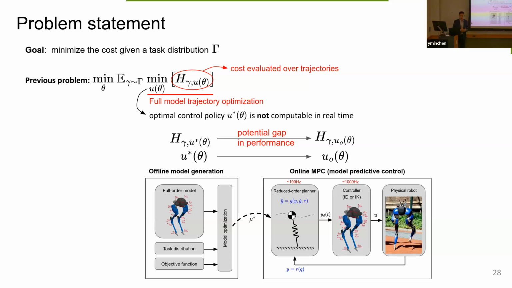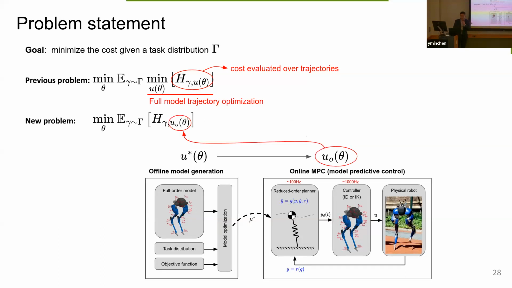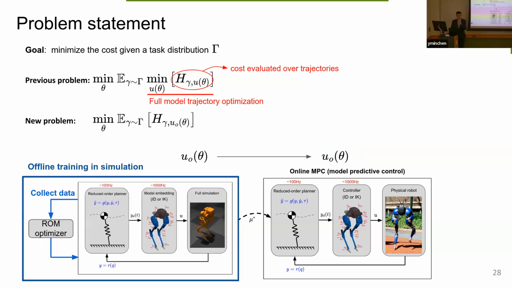So the costs might be different depending on the controller heuristics. So in this chapter, we would like to use this online MPC during model training. Right? So we do not use optimal control offline anymore. We use this MPC. And it roughly looks like this.